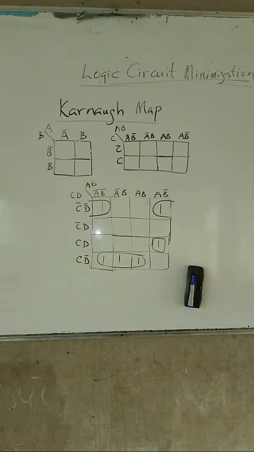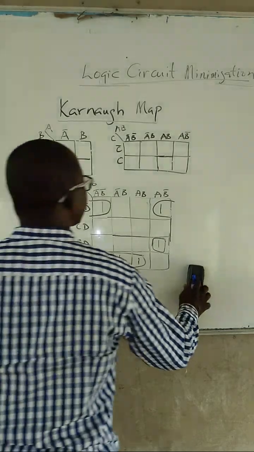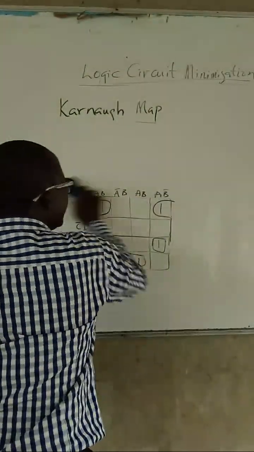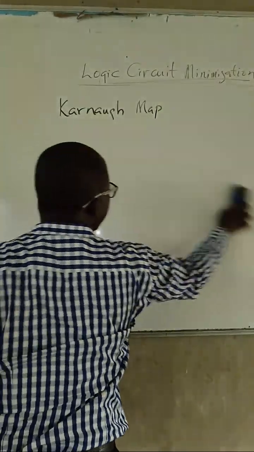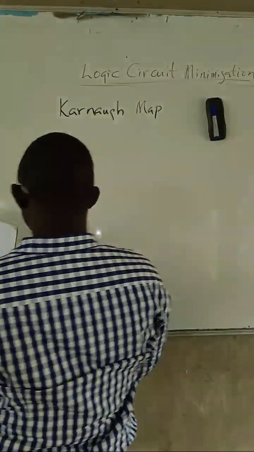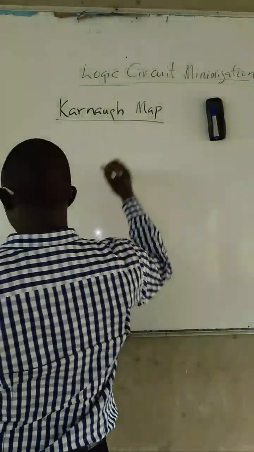So we're going to demonstrate using an example how to use Karnaugh map to simplify combinational logic circuits. Okay.